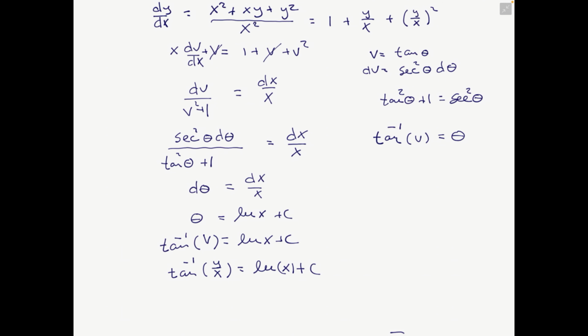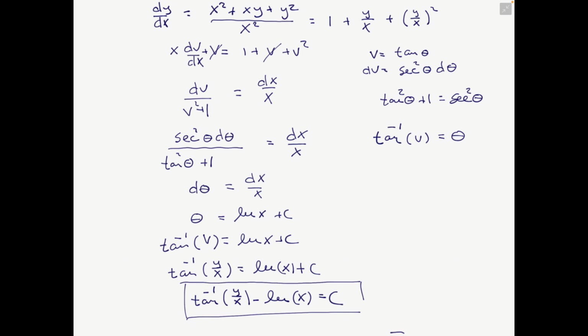And we could always bring ln x over, and we get arctan of y on x minus ln x equals a constant, and that could be our solution to this homogeneous differential equation.